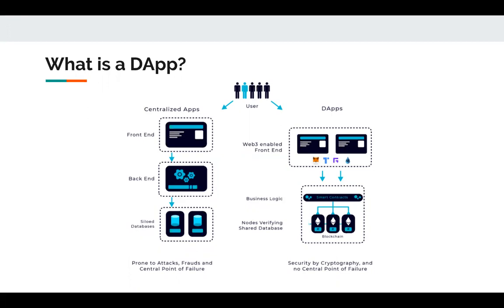Which part replaces the backend component of the centralized application? The backend is replaced by these smart contracts that we build on the blockchain. Smart contracts are nothing but a piece of code written in some programming language, and that is deployed on this blockchain. So the comparison is pretty clear, and the advantage is also pretty clear.